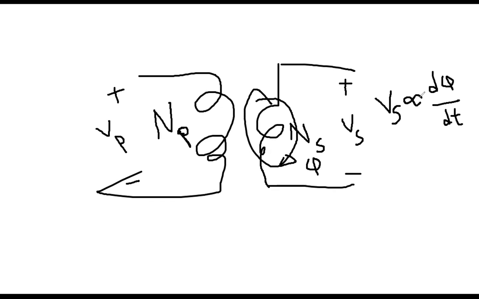Because this is a proportionality sign, we want to make it equal. So in the next line Vs, I omit this sign and put equal. You need a constant, and that constant is the number of turns multiplied by d phi by dt.